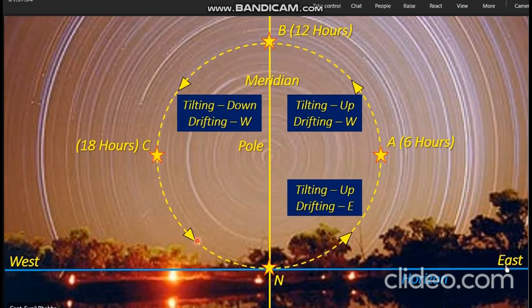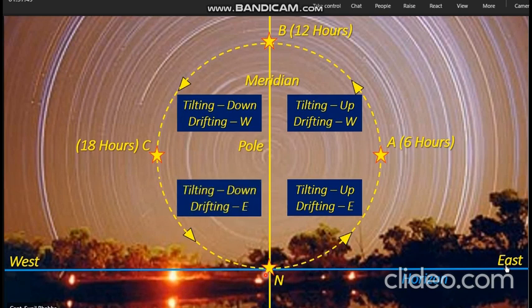Now moving from Charlie to November, you can see the gyro star is decreasing its altitude. The altitude of the gyro star is decreasing, or it is moving downwards in the sky. So that tells us that the spin axis will be tilting down.